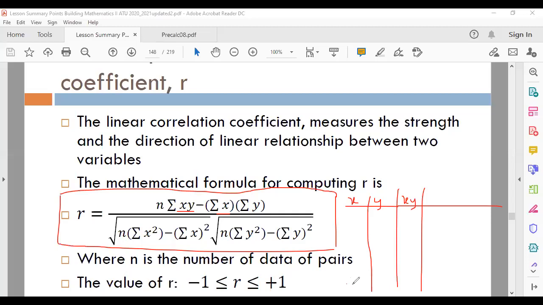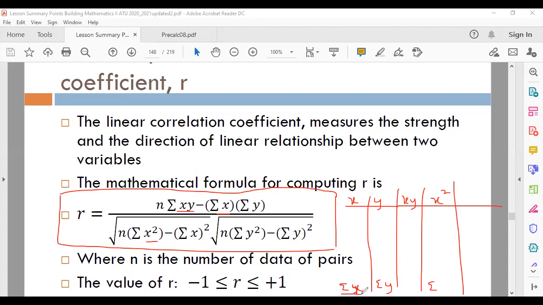Then summation Y, you sum the Y data given. Then summation X squared, so first you find X squared and then you sum it. You understand? Good. Then the next one says summation X all squared.